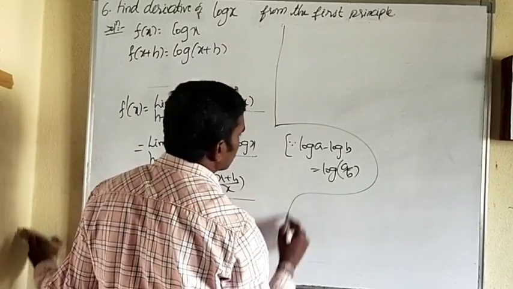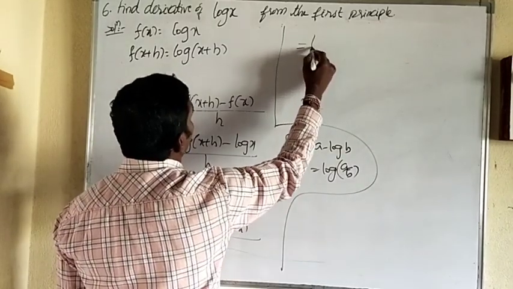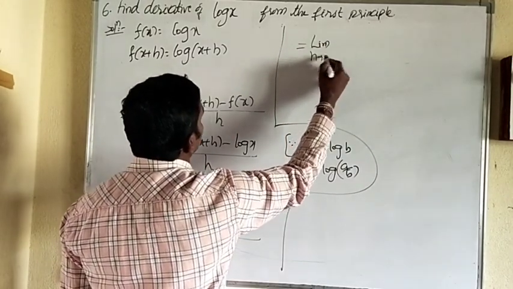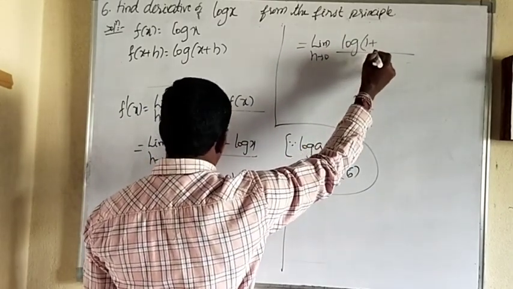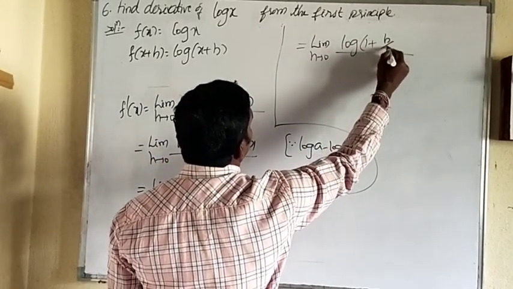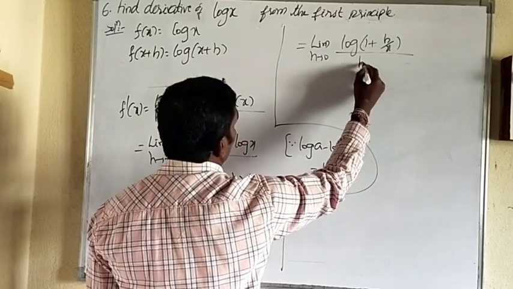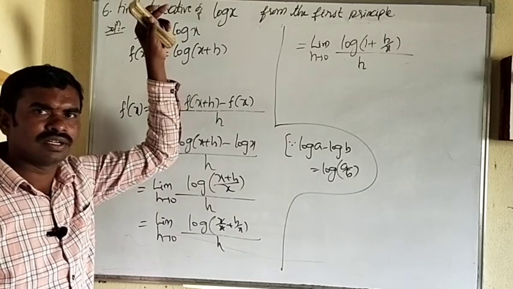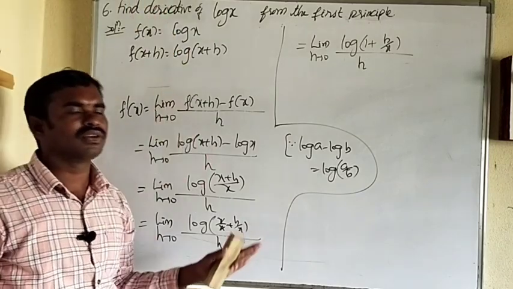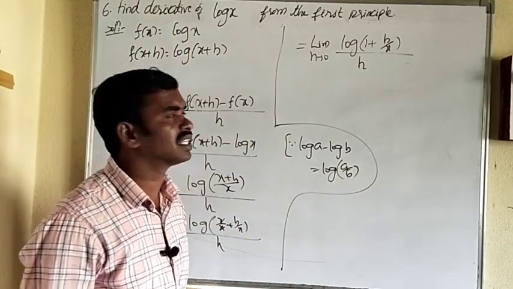Which is equal, f dash of x is equal to limit h tends to 0 of log of 1 plus h by x, by h. Actually, what is the derivative of log x? 1 by x, very good. So 1 by x is the answer we have to get.